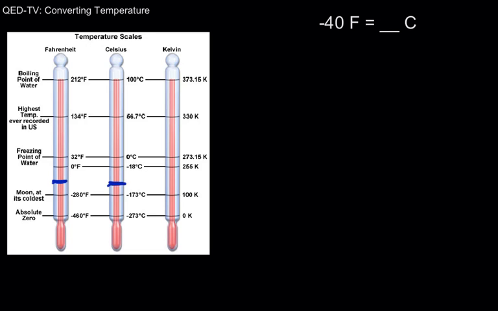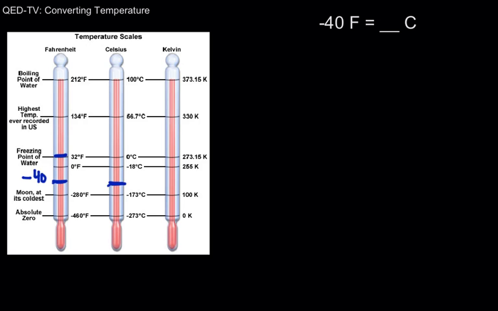No, I take the temperature negative 40 degrees Fahrenheit and compare it to either boiling or freezing on the Fahrenheit scale. I usually like to compare it to whatever I'm closest to, and freezing on the Fahrenheit scale is 32.